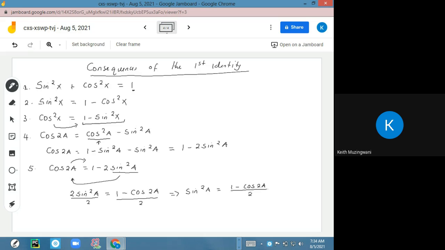So if we square root here, we are going to have sine a is equal to the square root of 1 minus cosine 2a over 2. Then follow me very well here.